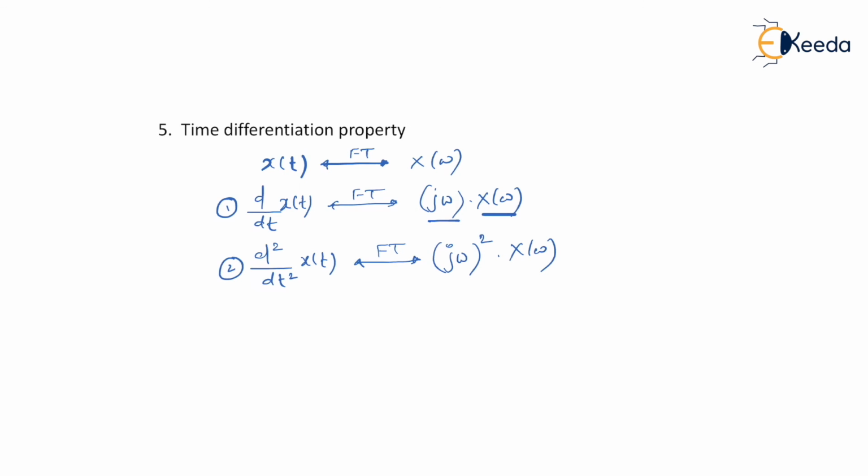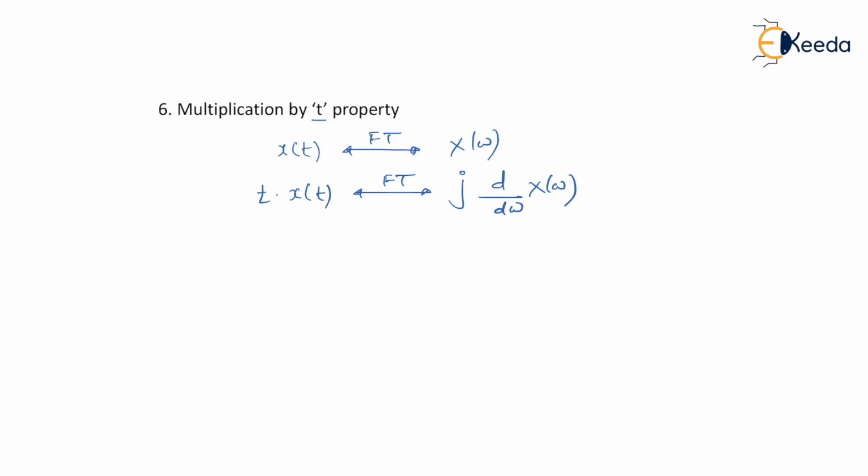In the double derivative case, we have (j omega) square times X of omega. In general, the nth derivative of x of t would be simply (j omega) to the power n times X of omega. It is that simple. This is called the time differentiation property.